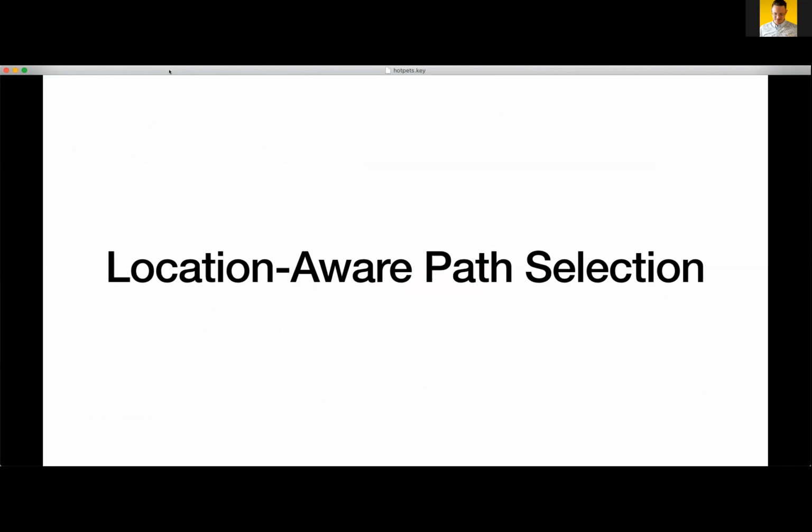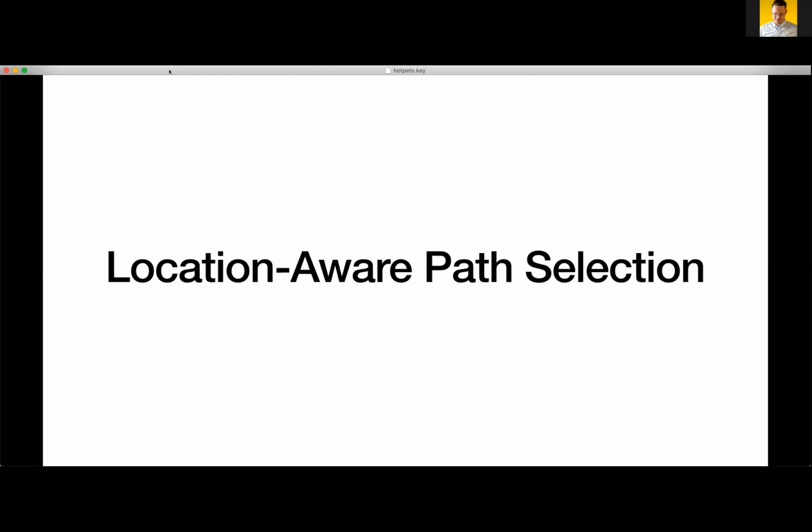In general, we call this idea location-aware path selection because it's a scheme where clients change their circuit construction preferences or relay selection preferences based on where they're coming from. So location here is kind of a general notion.